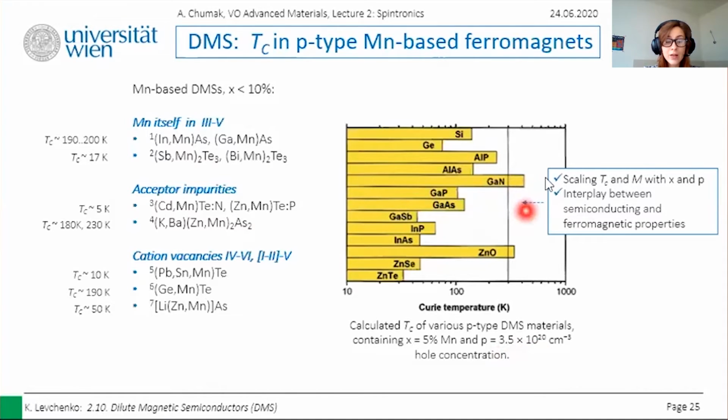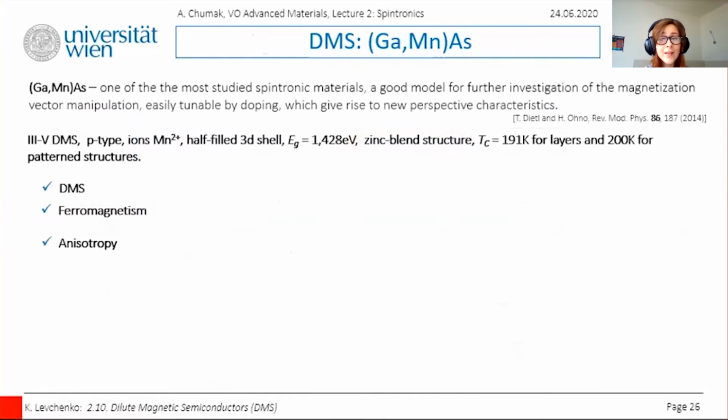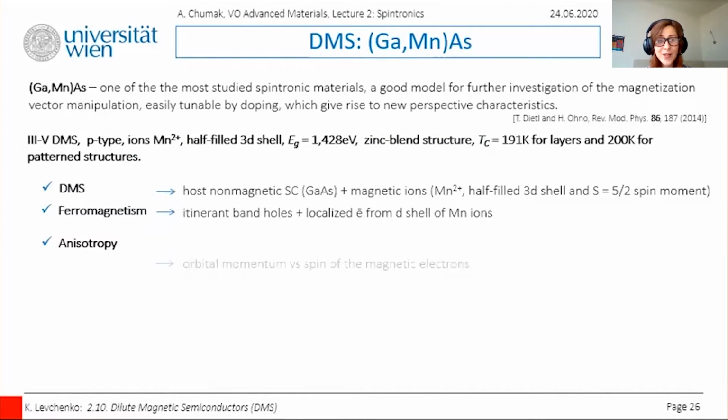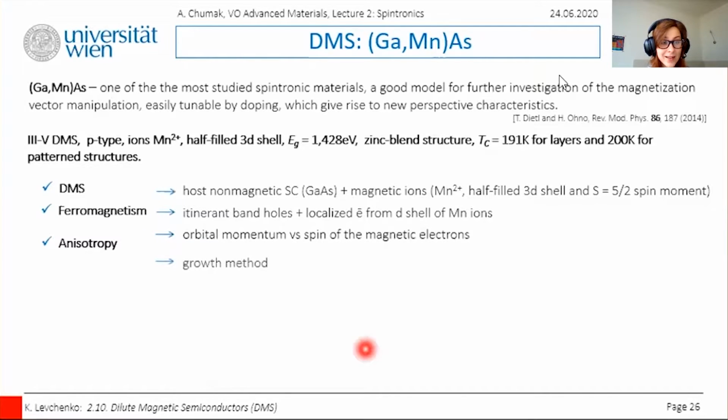So gallium nitride is definitely leading the way, but practically achieving this with a good degree of repeatability was still quite a challenge in this field. And now we arrive at the champion from the dilute magnetic semiconductor side, gallium manganese arsenide.